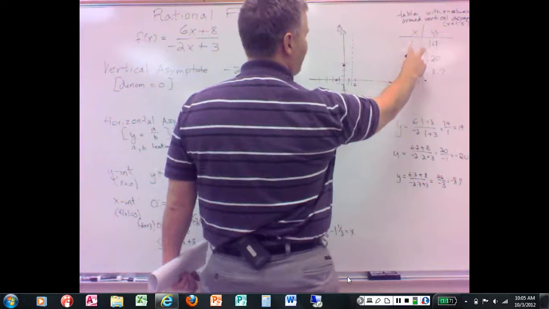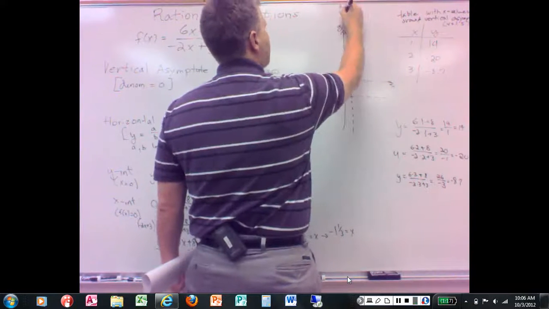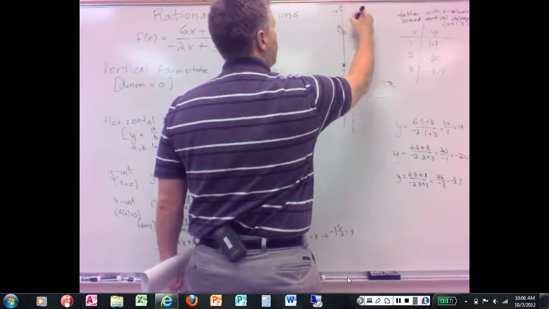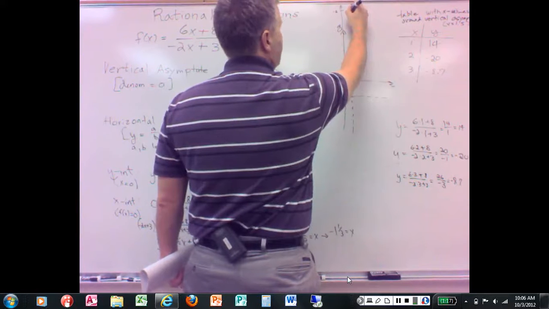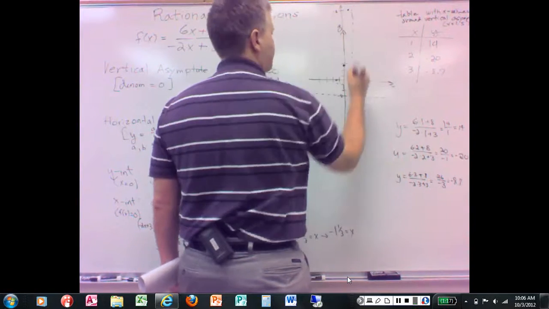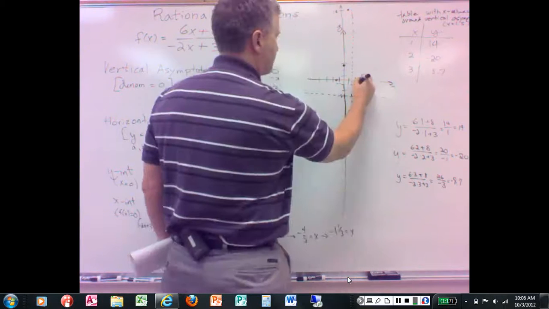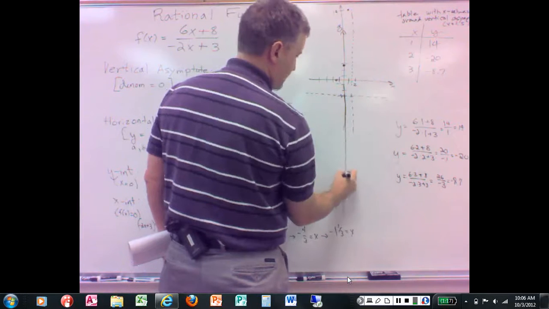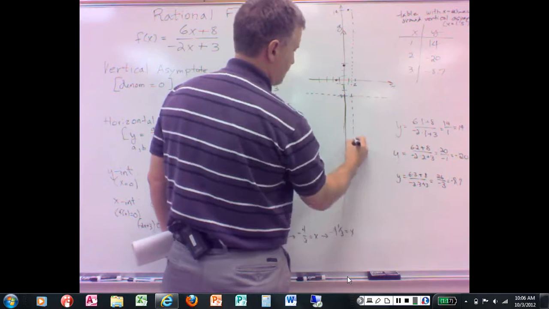All right, at 1, I'm at 14. That's way up here. And so that is on this side of the dotted line, but it's at 14. Then at 2, I'm at negative 20. So let me drop that down a little more. At 2, I'm way down here at negative 20, so it's right about there.